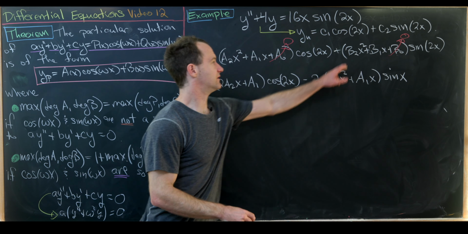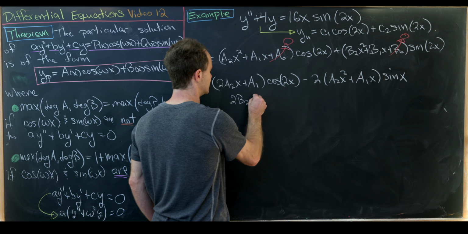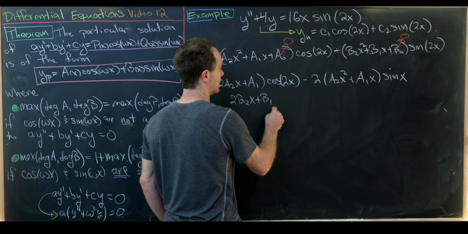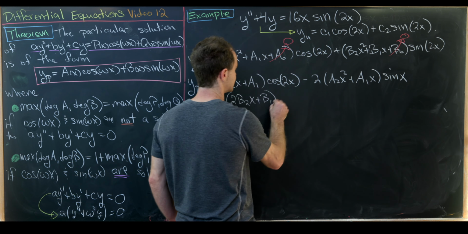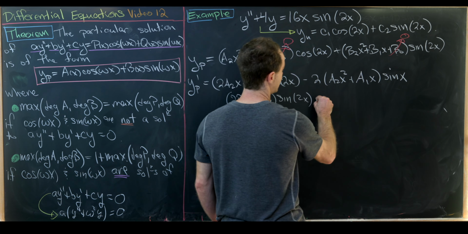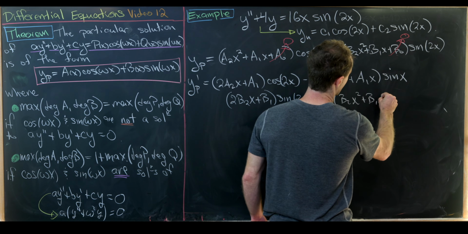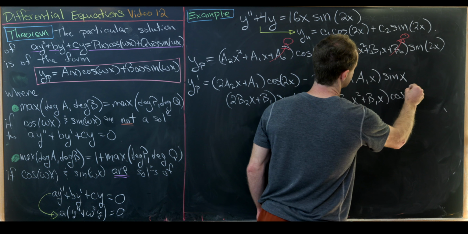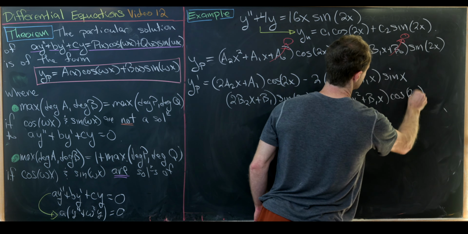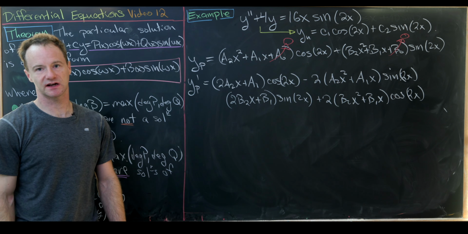And then the derivative of this second bit will be 2b2x plus b1 times sine of 2x, and then plus 2b2x squared plus b1x times cos of 2x. Make sure to not forget to put the 2x inside of the cosine and the sine.